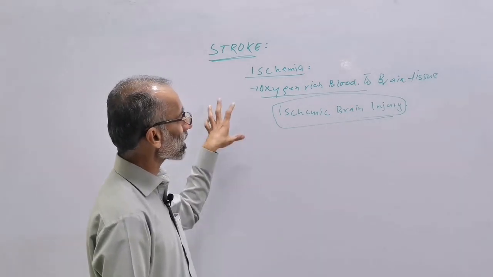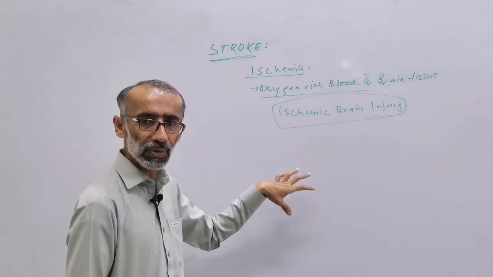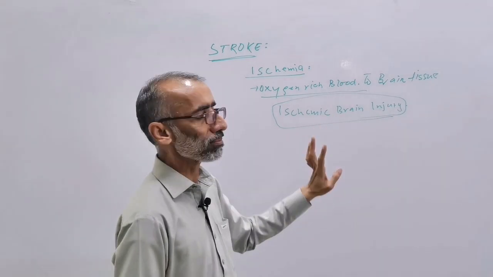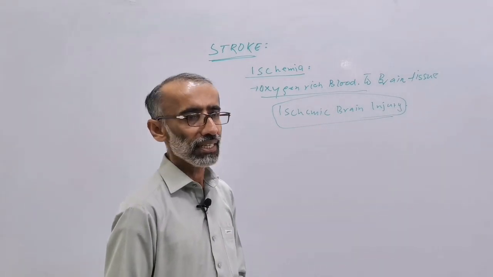Similarly, if there is reduction of oxygen-rich blood to the brain tissue, it is called ischemic brain injury.